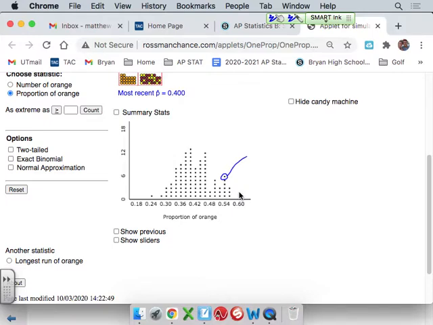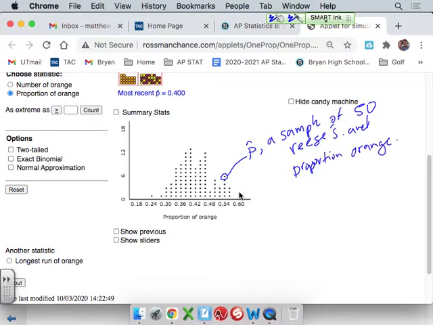Every single dot represents a p hat, which in this case means a sample of 50 Reese's and the proportion of orange that there were. So every one of those dots is its own p-hat, its own statistic.